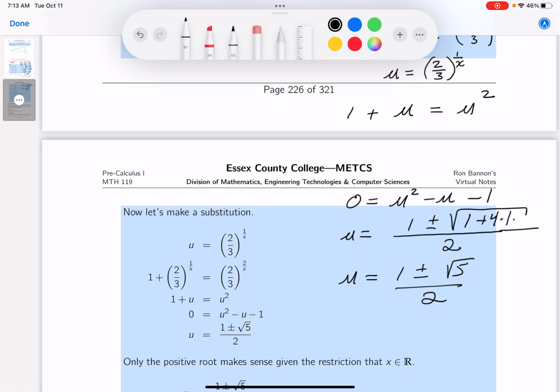Okay, so looking at it, someone says, what's u? Well, u is 2/3 to the 1 over x. Now, looking at it, I realize that 2/3 to the 1 over x is always going to be a positive number. So I've got to pick the positive root, and that's going to be 1 plus root 5 over 2.